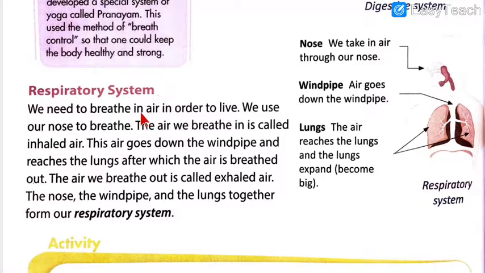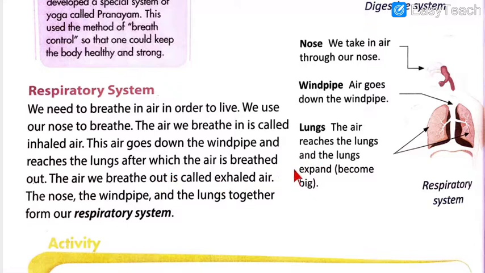Respiratory system. We need to breathe in air in order to live. We use our nose to breathe. So students, do you use the nose to breathe or your mouth? Obviously nose. The air we breathe in is called inhaled air. The air goes down the windpipe and reaches the lungs, after which the air is breathed out.